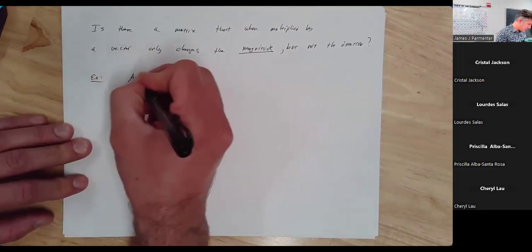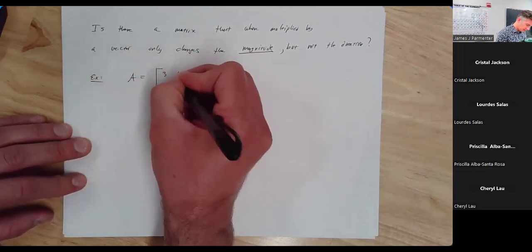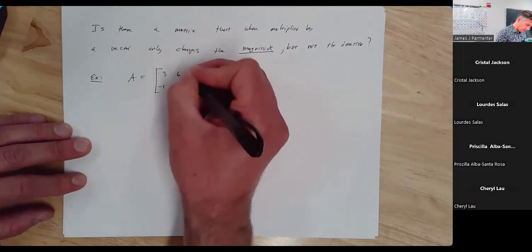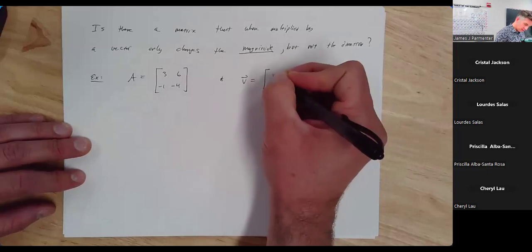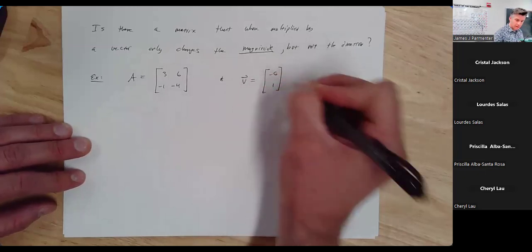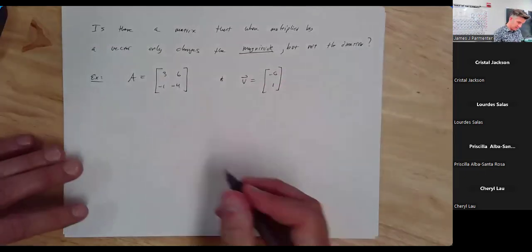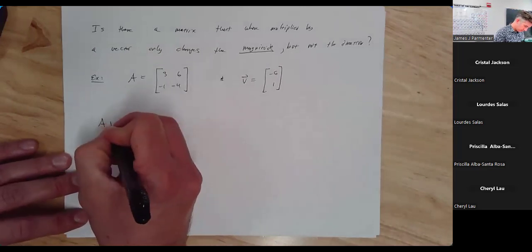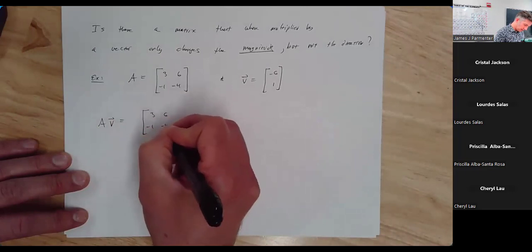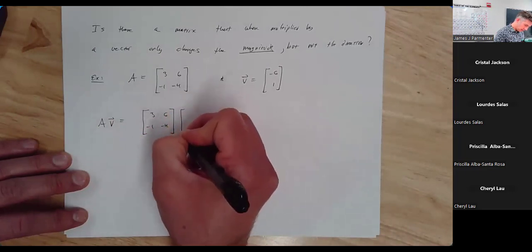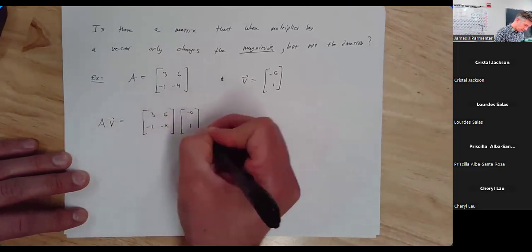Here's a matrix A. It's 3, 6, -1, -4. And here's a vector V. It is -6, 1. And if you multiply A times V, you're going to get 3, 6, -1, -4 times -6, 1.